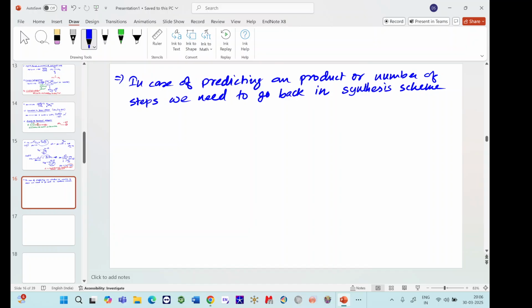So before starting the synthesis of this unknown compound, you need to know how you can get to that compound. Okay, so you need to know the number of steps, which reactions you will do, what conditions are required. So for this, you can do one pre-hand exercise which is called retrosynthesis. Retro means going back.